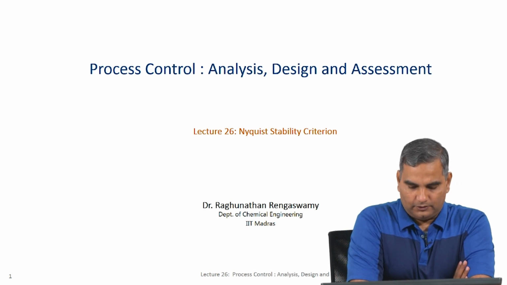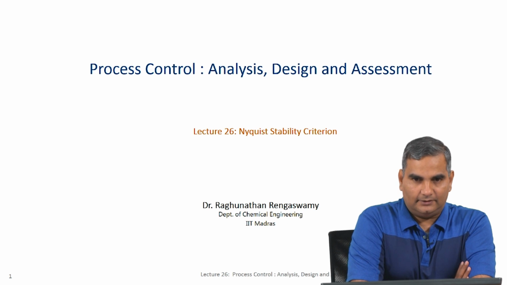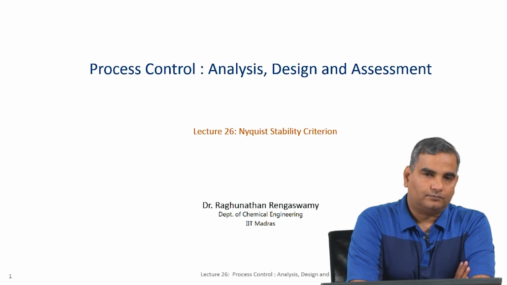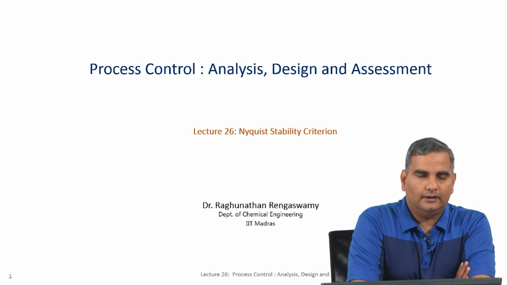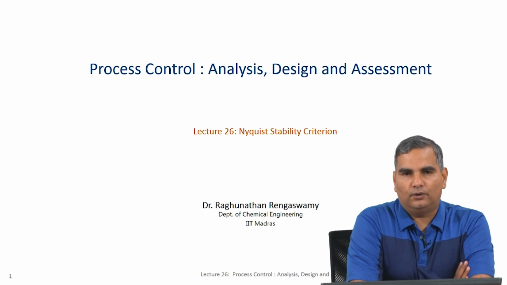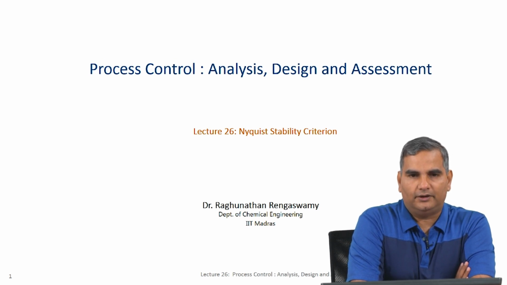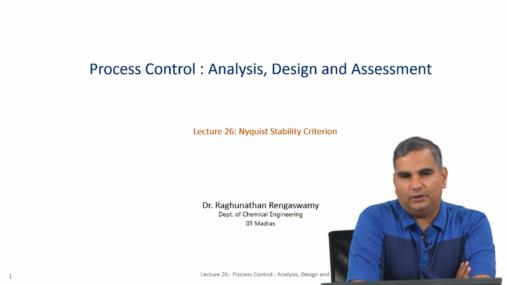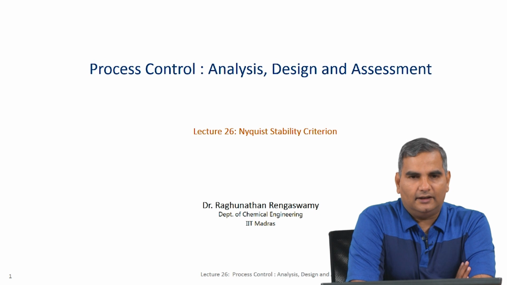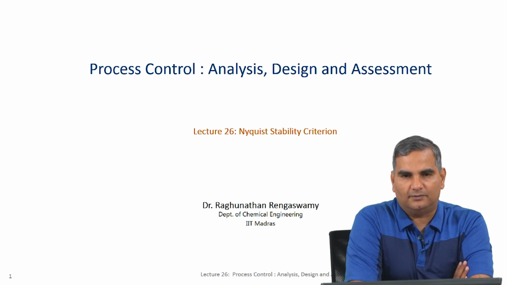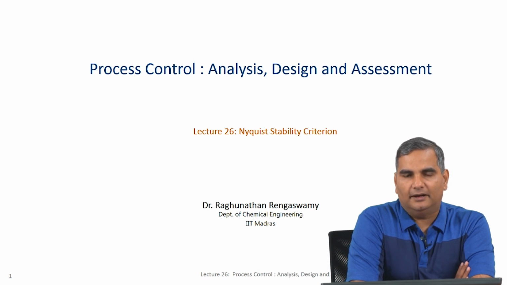Nonetheless, what I want you to realize is while doing this, while I showed you examples where we wrote the f of S as a numerator by denominator polynomial, because we are just computing f of S for different S and doing nothing else, the numerator and denominator could have the e power minus tau ds term. So, that simply does not create any problem at all because for any S I can compute e power minus tau ds.